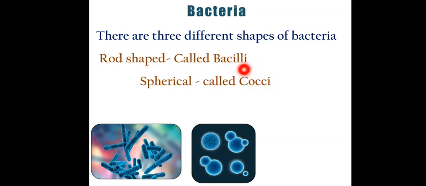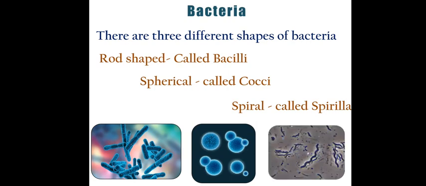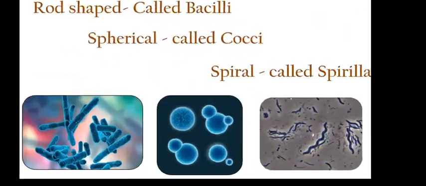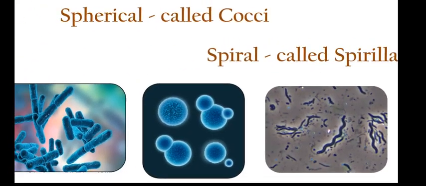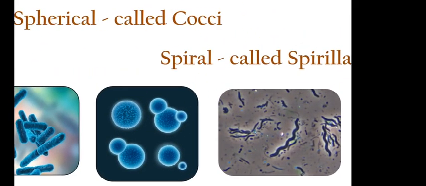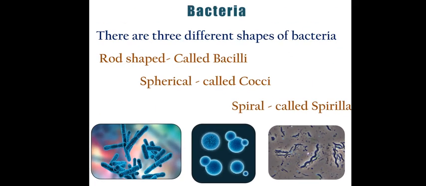Sometimes we use the words bacillus or coccus. Similarly, there is a third shape that is known as spiral shape, and the bacteria are called spirilla. You can see these are the spiral-shaped bacteria, as you can see in this picture. Spirillum or spirilla is the word used to describe them.